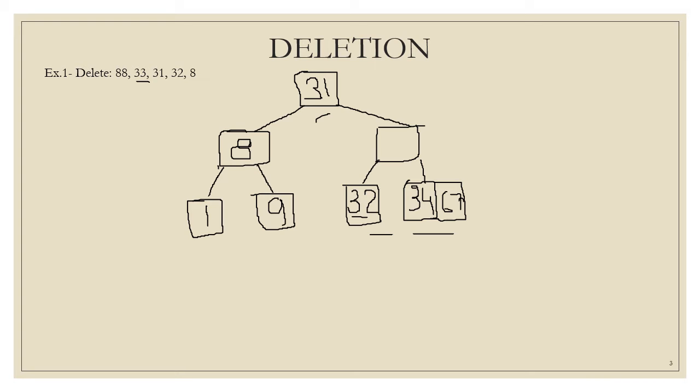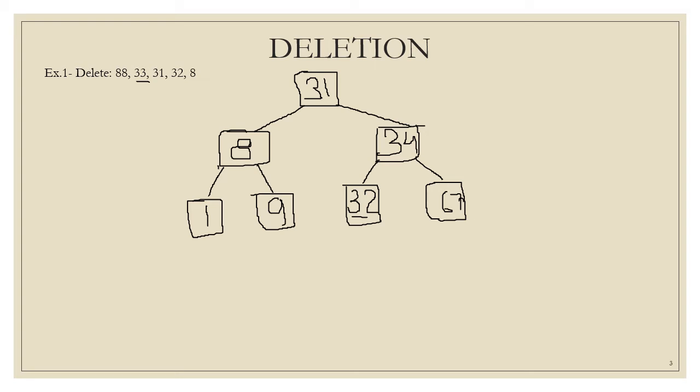Similarly, same goes for 67. Neither 32 nor 34 can become the right child of 67. Therefore, we'll have to take 34 as the parent of 67 and 32. So now again the violation is removed and the tree looks completely fine.